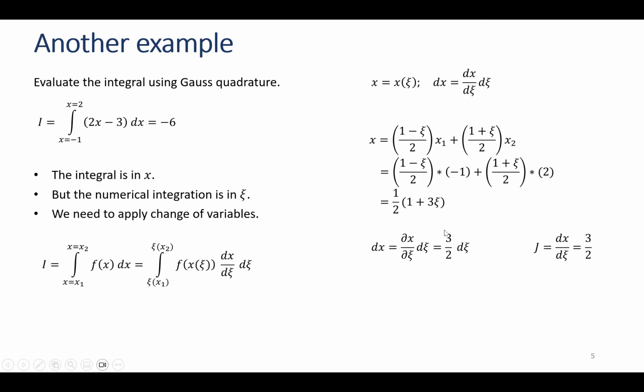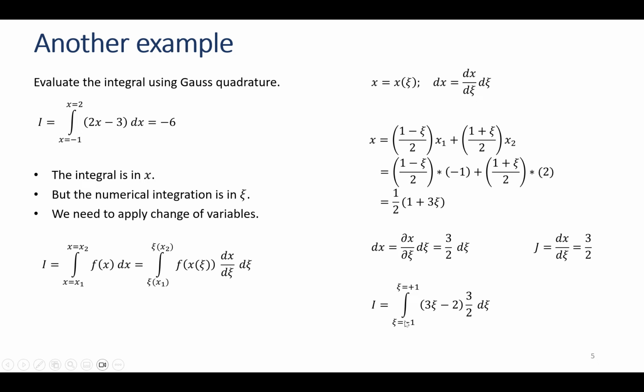From this we can calculate the Jacobian, that is dx by d xi as 3 by 2. Now we have all the pieces to put together the integral to apply the change of variables. If we use this expression, x equal to half of 1 plus 3 xi, we can calculate xi at h1 and xi at h2.